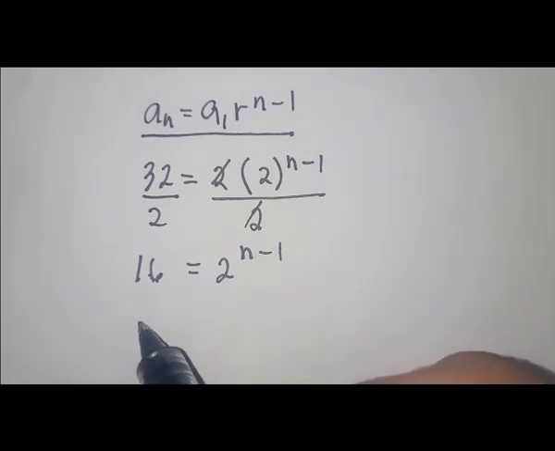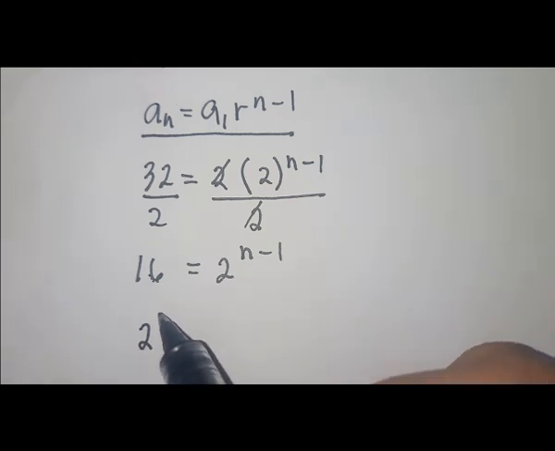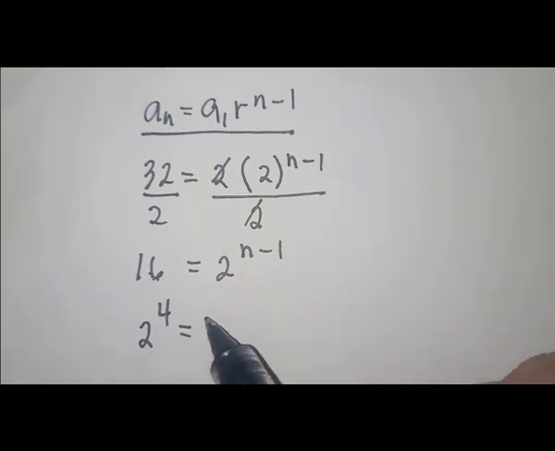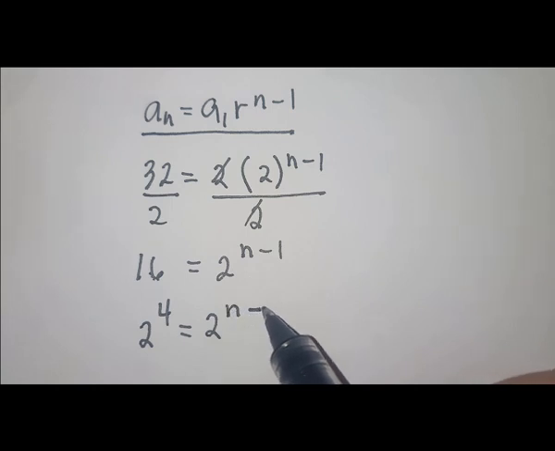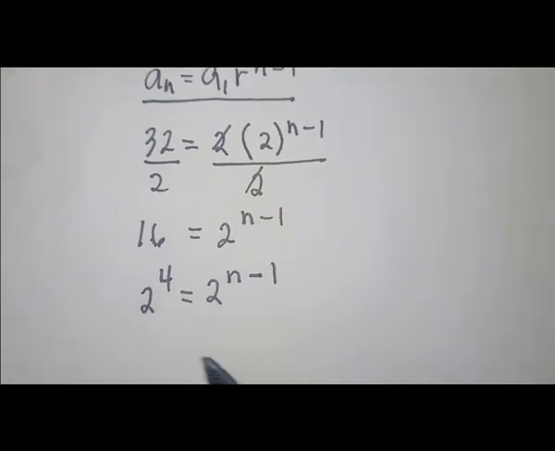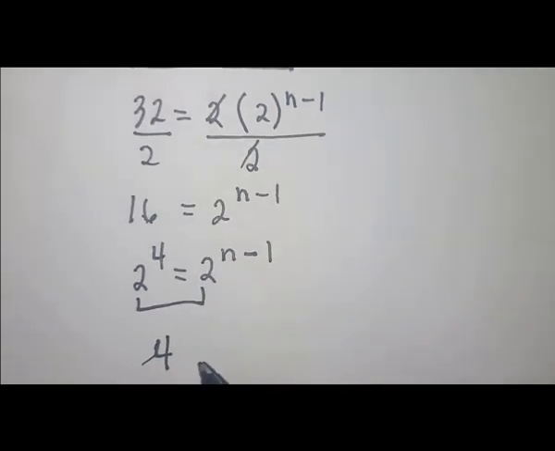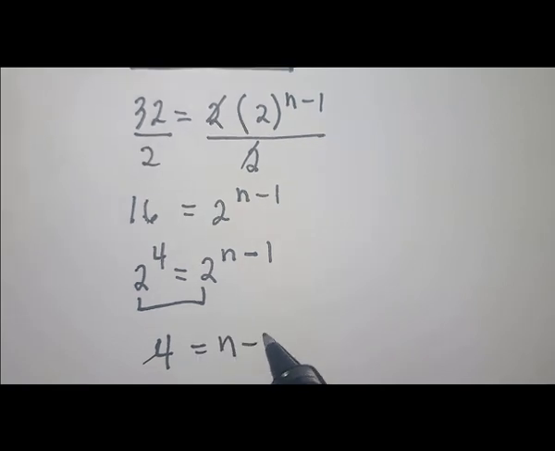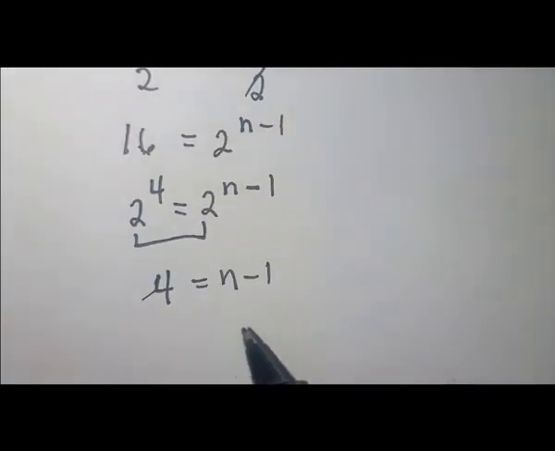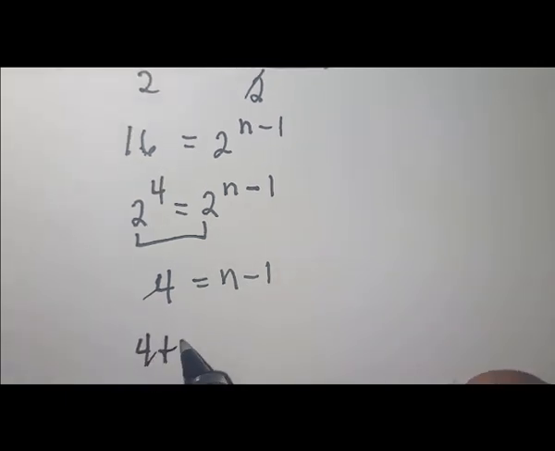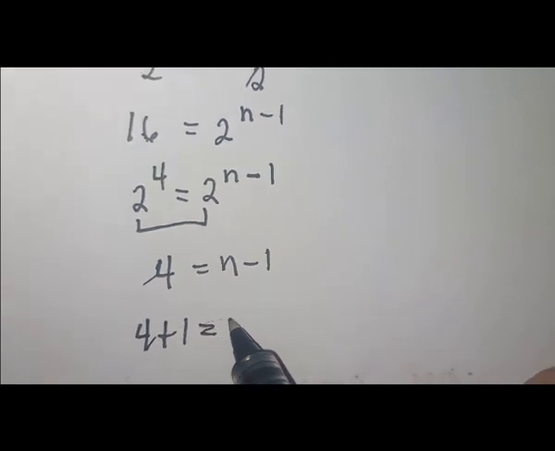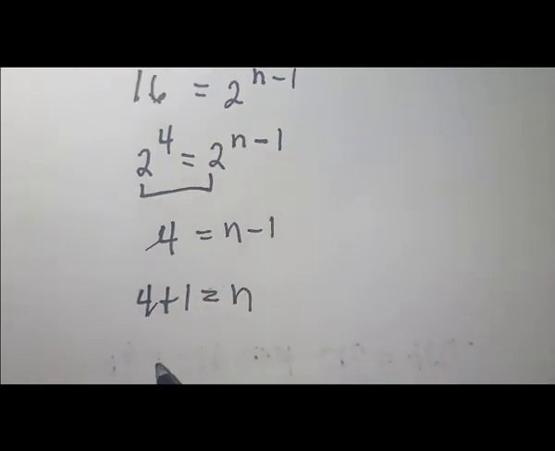We have 2 raised to 4 equals 2 raised to n minus 1. Now, since they have the same base, we can copy the exponents. So we have 4 equals n minus 1. Transpose the negative 1. So we have 4 plus 1 equals n. Therefore, n is equal to 5.